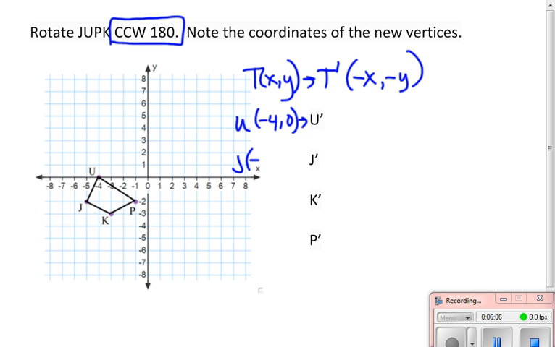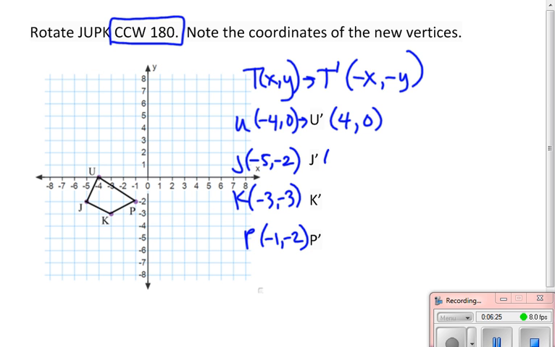J is at (-5, -2). K is at (-3, -3). And P is at (-1, -2). This rule says just do the opposite signs. So the opposite of negative 4 is 4. 0 doesn't change. Here we'll have (5, 2), (3, 3), and (1, 2).